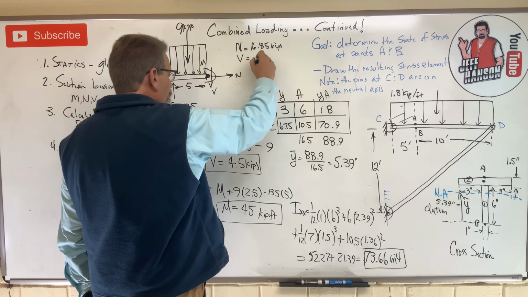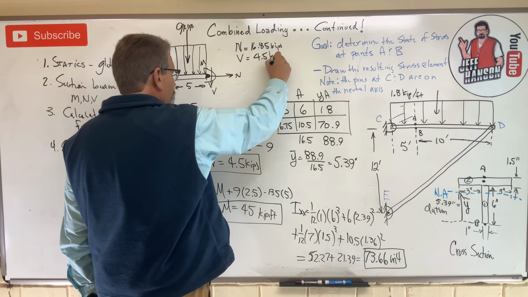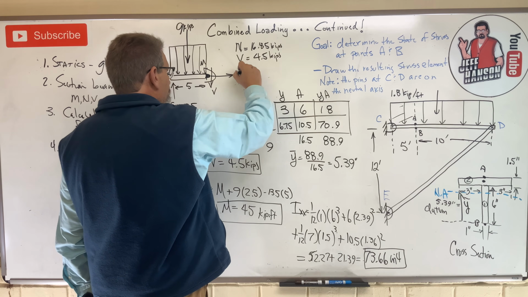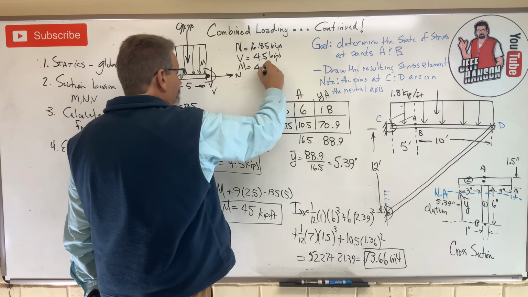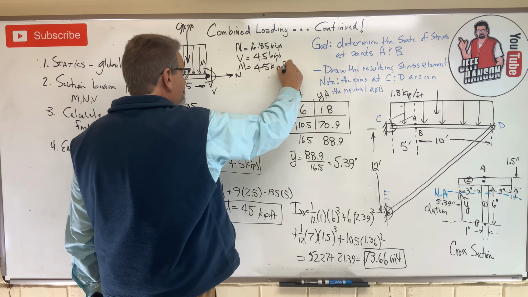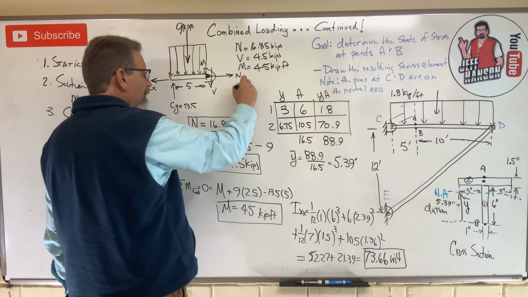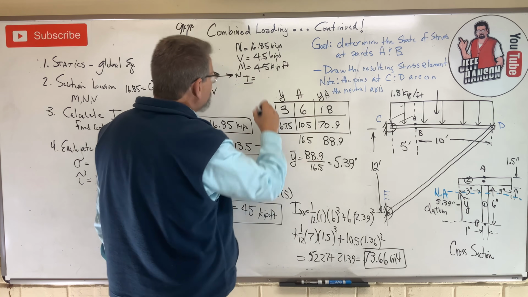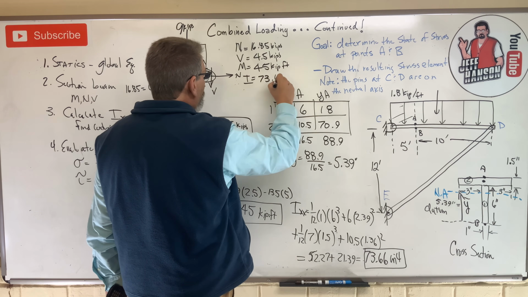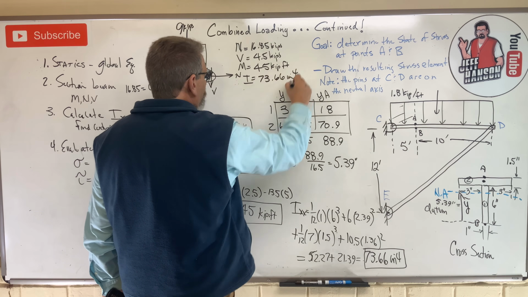V is equal to 4.5 kips. M is equal to 45 kip-ft. I is equal to 73.66 inches to the fourth, okay?